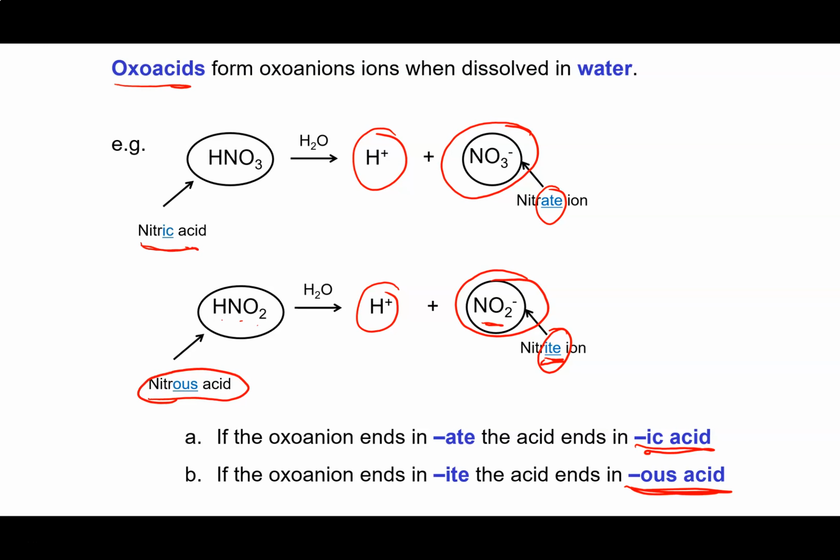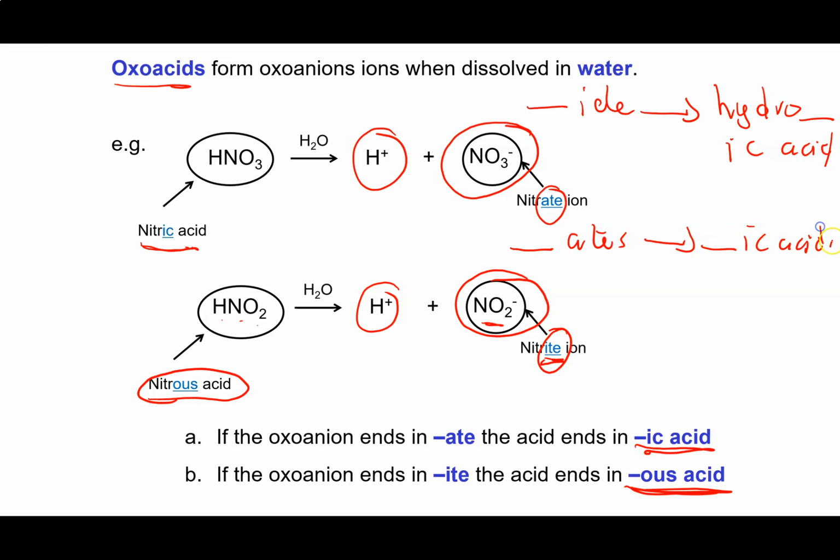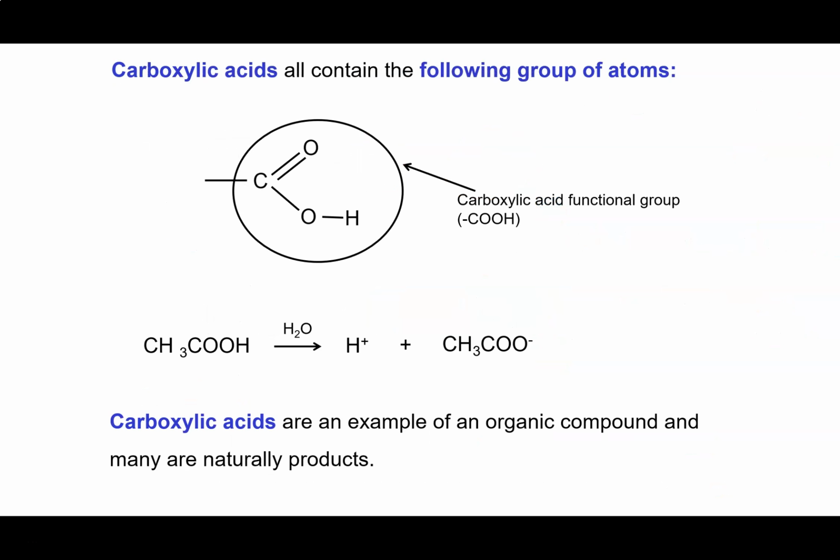So we have three rules: ides become hydro, then the stem name, ic acid. Ates become ic acids. And finally, ites become ous acids. We do need to be able to name the anions in order to apply these rules.